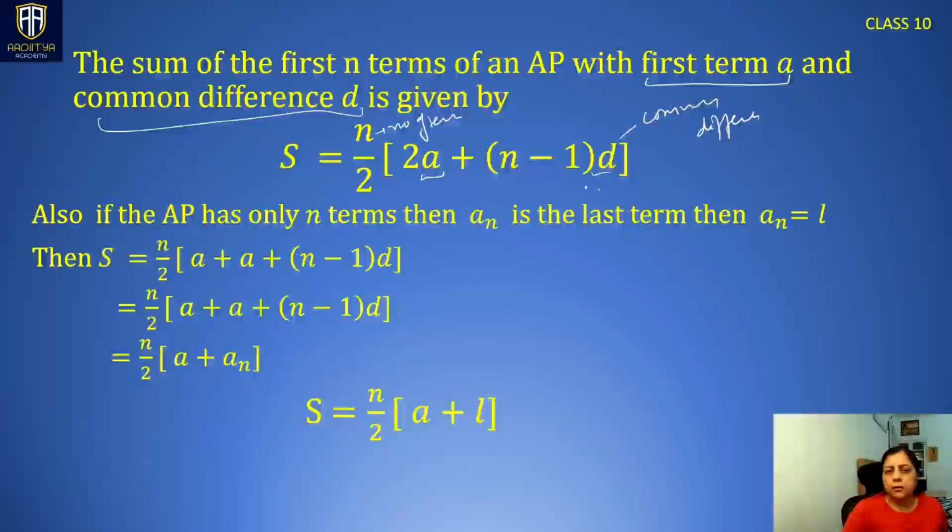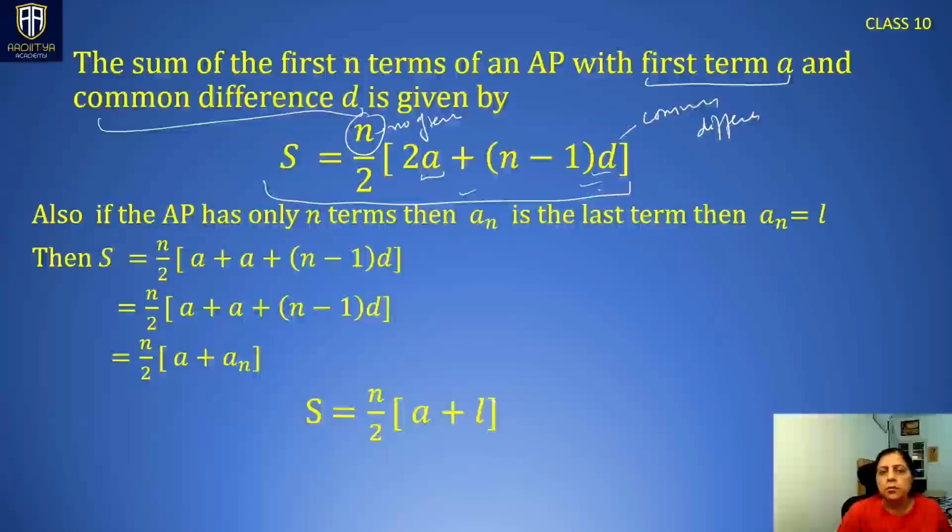If we know a and d of an AP, we can find the sequence. And if we are asked to find the sum of 10 terms or 15 terms, that means n is also given, so we can calculate the sum of those terms. This is the formula to find the sum of n terms.